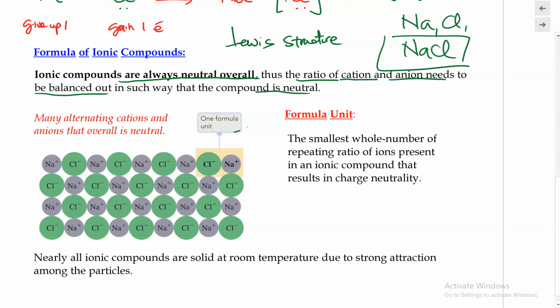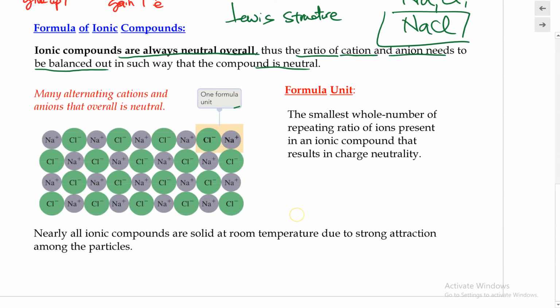If we were to look at the structure of a piece of sodium chloride crystal, we would see a lot of alternating cations and anions stacking on top of each other in a three-dimensional shape. To figure out the formula of this ionic compound, we pick out a repeating ratio that produces a neutral collection of ions.